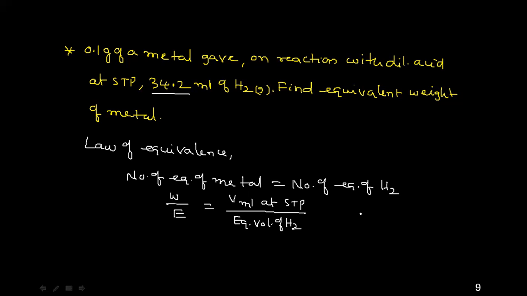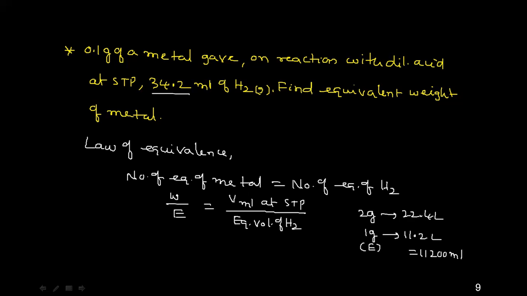How to get the equivalent volume? We know that 1 mole of hydrogen, nothing but 2 grams, will occupy 22.4 liters. What is the equivalent weight of hydrogen? That is 1 gram. So half of this means 11.2 liters, which is 11,200 ml.